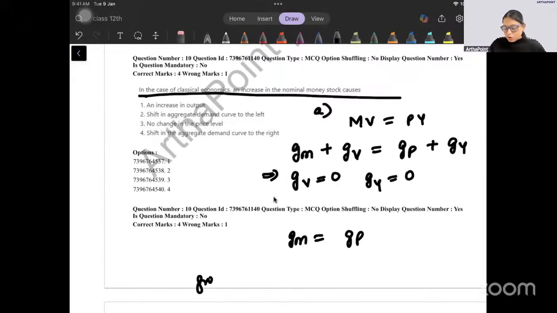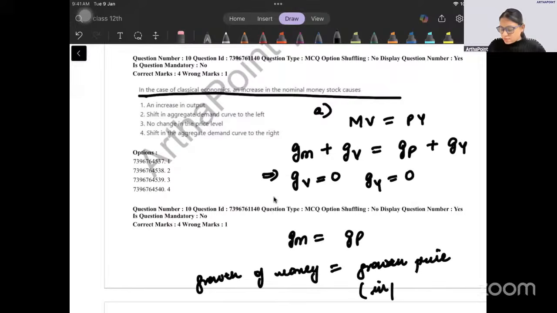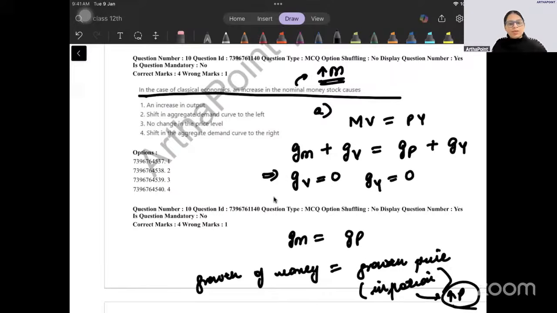This means growth of money is equal to the growth rate of price, which we call inflation. So if there is an increase in the money, there should be an increase in the price level. Right? It should increase the price level. So no change in price level is incorrect.